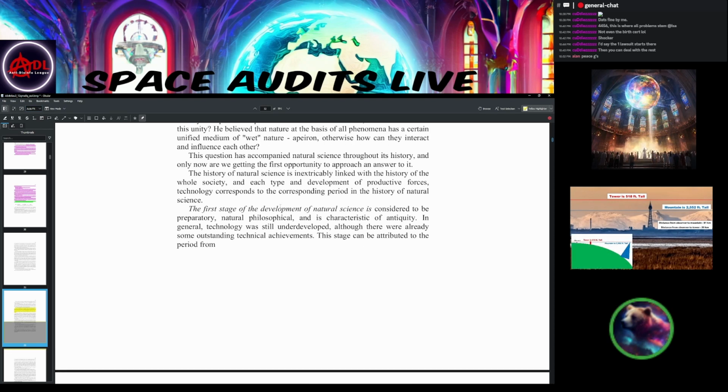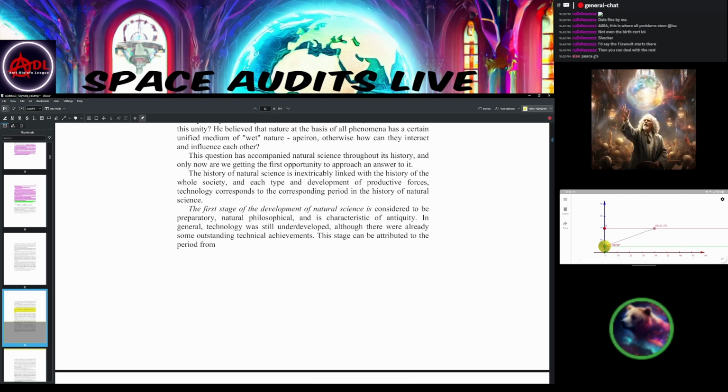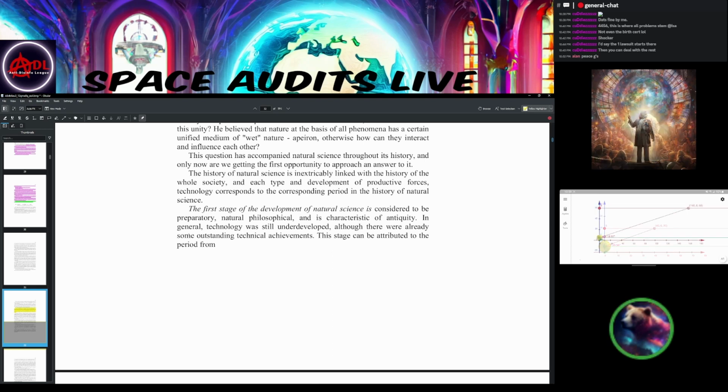The first stage of development of natural science is considered to be preparatory, natural philosophical, and is a characteristic of antiquity. In general, technology was still underdeveloped, although there were already some outstanding technical achievements.